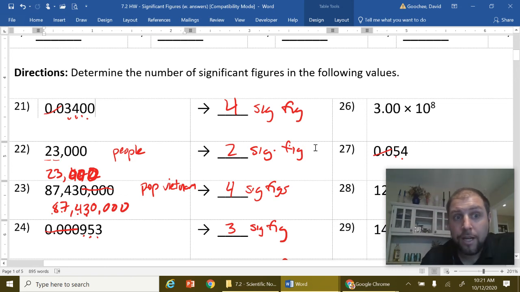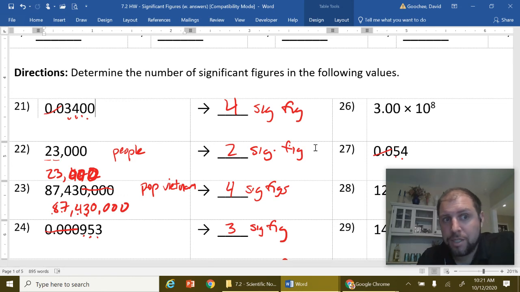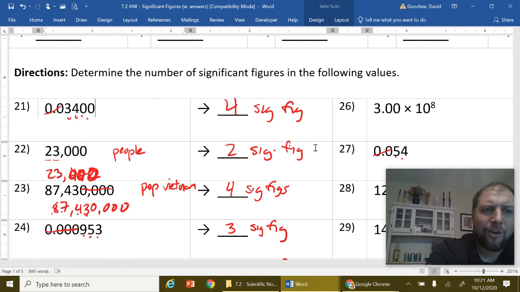The reason why this is 4 significant figures is the exact same thing as the one below, all right? The only reason why the person put these zeros at the end of a decimal number is because they actually measured it out. If they didn't measure these out, they wouldn't put them there. That would just be 0.034, but they put them there, okay? Which means that when they took, maybe this is the mass of a sample in grams, or kilograms, whatever, they measured it out.